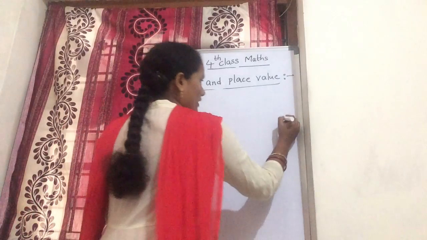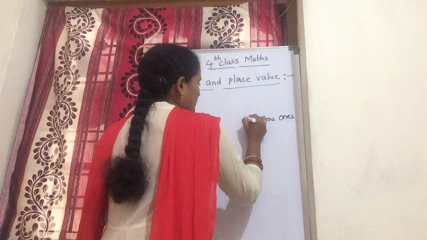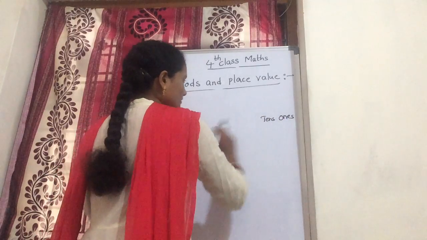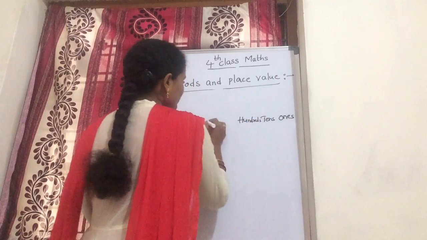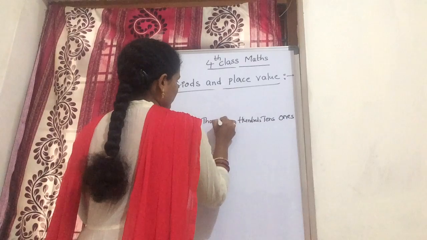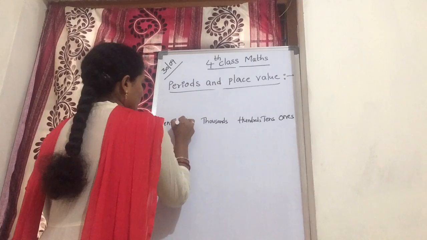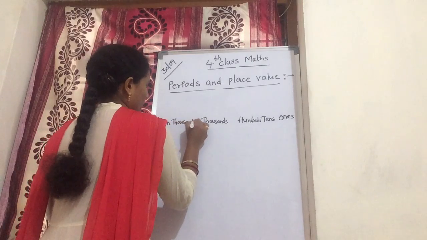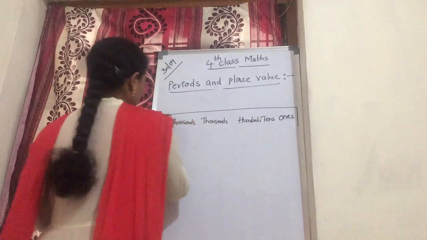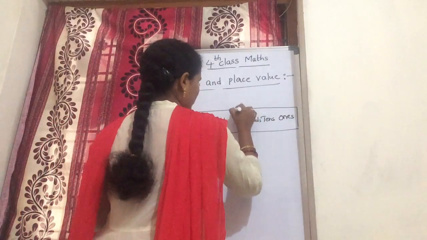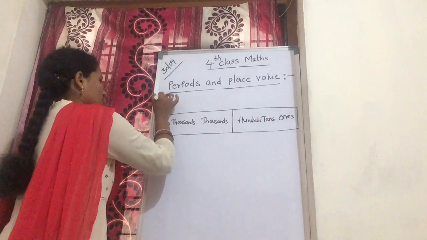Yes, first you write ones, tens, hundreds, thousands and 10,000s. Okay, this is the periodic table: ones, tens, hundreds, thousands and 10,000.